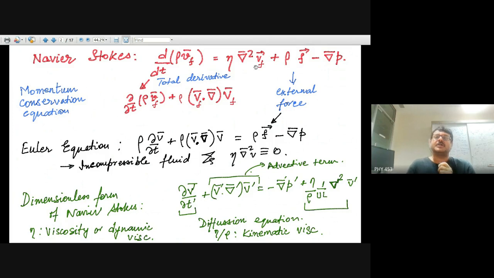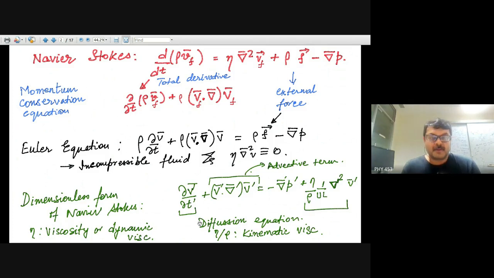I'm not sure. No, it's not missing. Basically, this rho will come here, and then it will be a diffusion of the velocity field, a momentum field if you like, multiplied by rho on both sides. So this kinematic viscosity acts like the diffusion constant for momentum transport, and this will become important in the next slide.